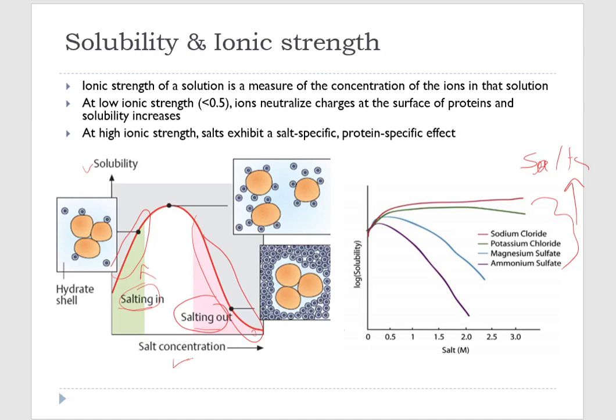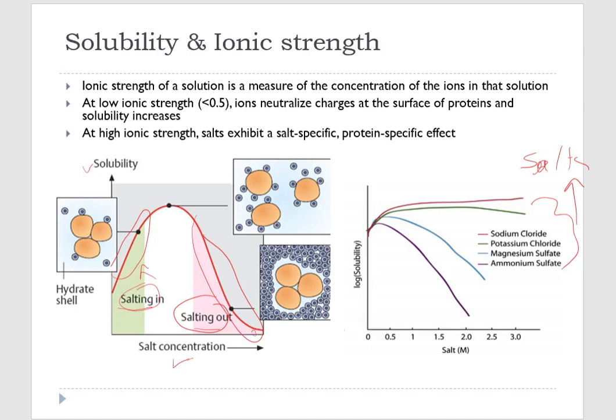Because if there are strong protein-protein interactions, the aggregation of protein molecules can occur and it might result in precipitation. So protein-water interactions increase the solubility. So it happens at low ionic strength, at low salt concentration.